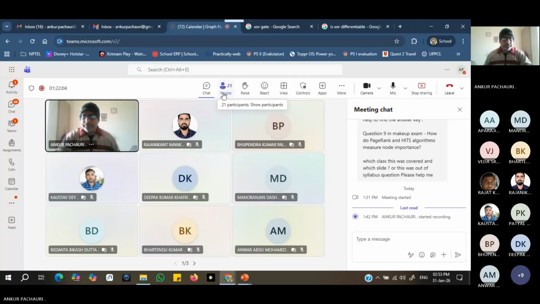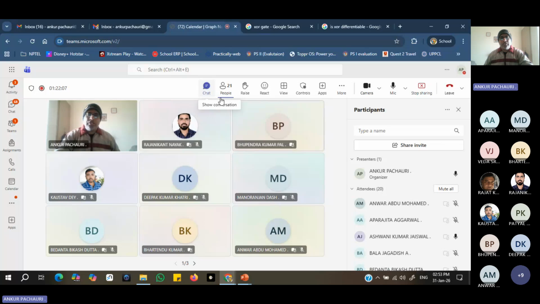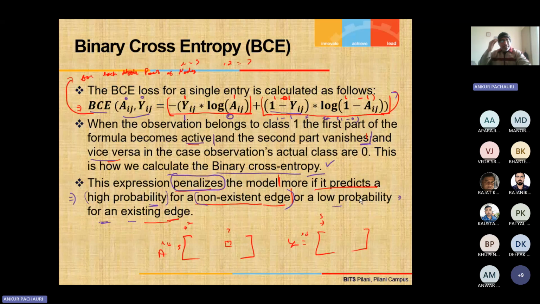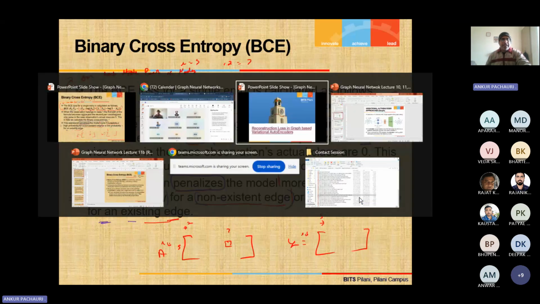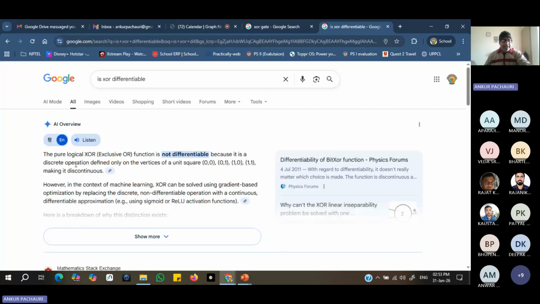Yes, sir. You're right. Okay, so thanks for the answer. That point didn't click in my mind. The XOR function is not differentiable. Although the functionality is the same, it's not differentiable.